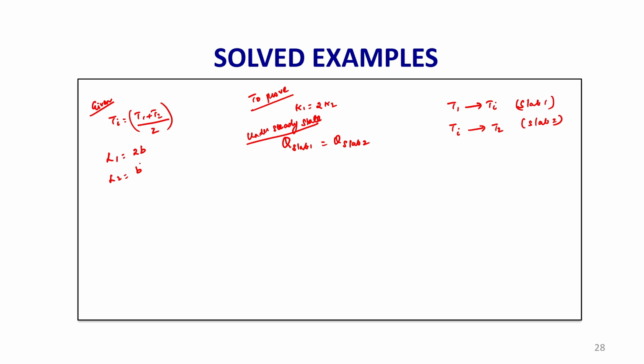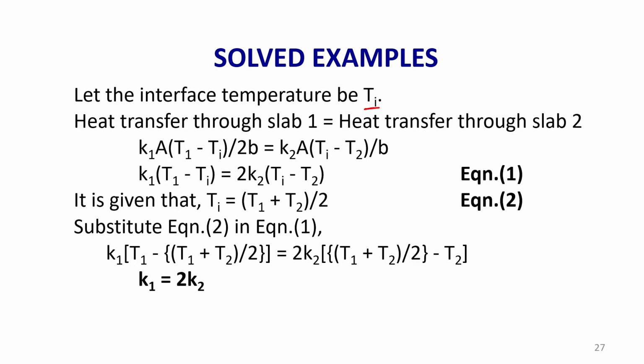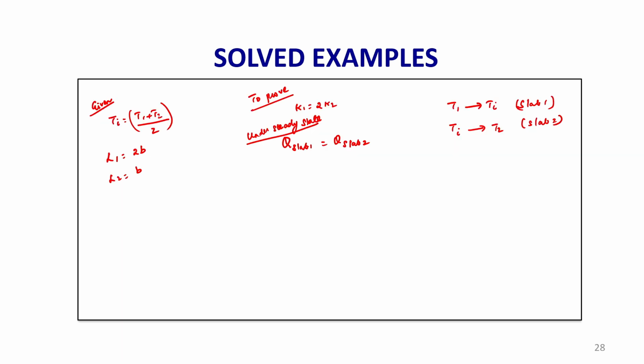If you apply the basic equation, we also have to substitute Ti is equal to T1 plus T2 by 2. So, that is what I have written here: this is Q of slab 1, this is equal to Q of slab 2 under steady state condition. This data is given in the problem. So, substitute 2 in 1 and simplify, you will get K1 is equal to 2 times K2. Okay, so, that is a very simple one.